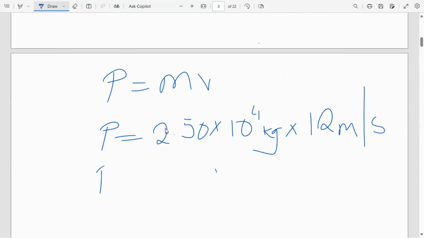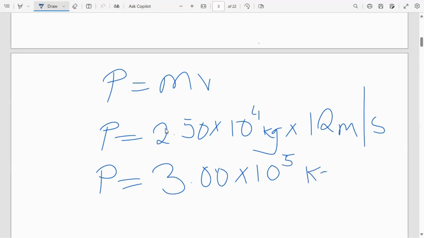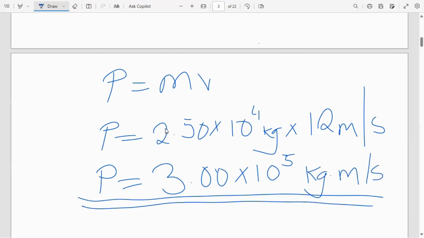And we're going to get our momentum, which is equal to 3.00 times 10 to the power 5 kg meter per second. Okay, so that is the first part of question B, the momentum of the garbage truck.